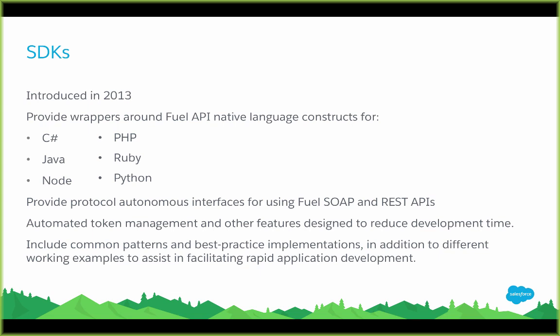The SDKs handle that on your behalf. And they include a number of common patterns and best practice implementations and some working examples to enable rapid application development. So the SDKs are there for you to use. You don't have to use them, but in certain use cases, they can be very, very helpful indeed.